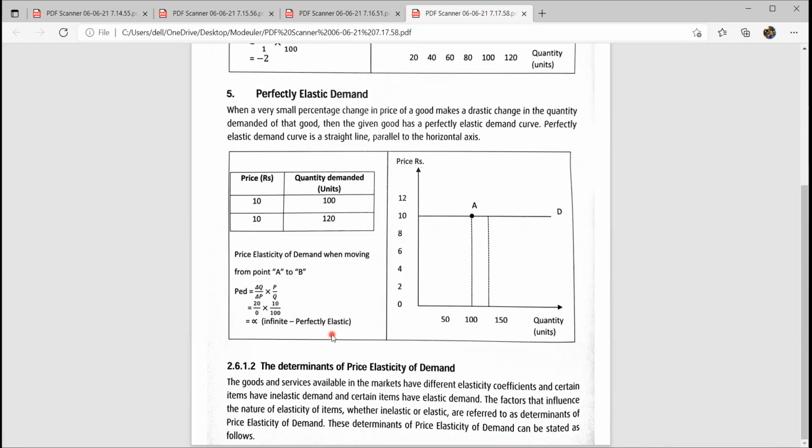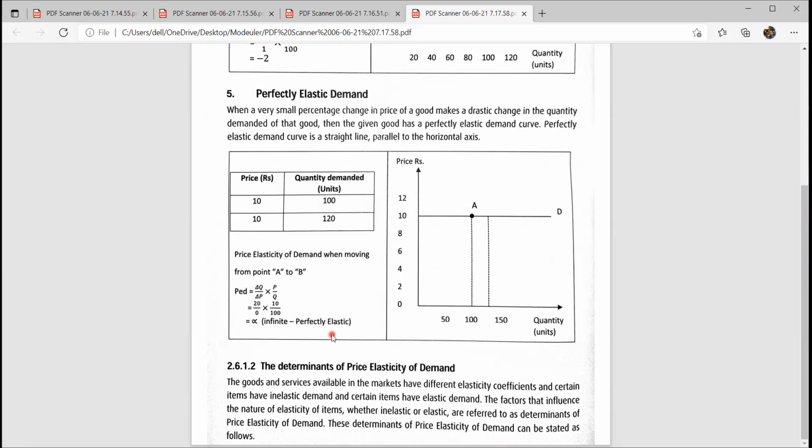When we come to elastic, there are some substitutes, like luxurious goods. Maybe there are a large number of substitutes for that kind of goods. Sometimes mobile phones, laptops, or a variety of things we use as a want are said to be elastic.